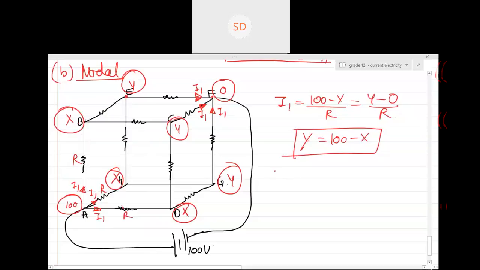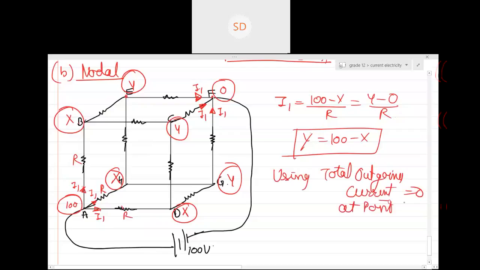So, using Kirchhoff's current law, basically total outgoing current is 0. At point B, if I apply it, (x minus 100) divided by r plus (x minus y) divided by r.